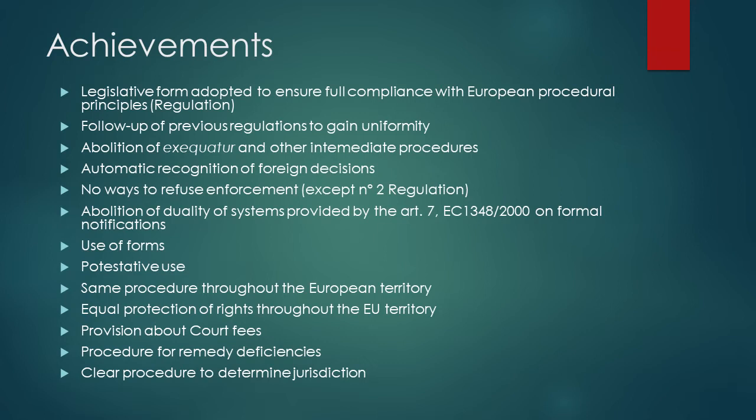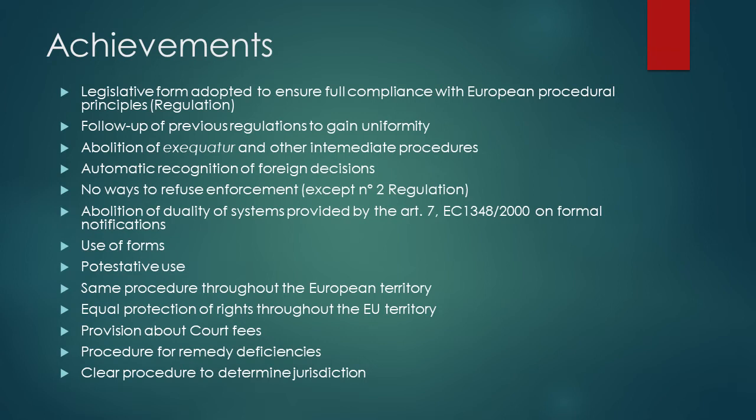But you can optionally use this kind of procedure prior to deciding whether you go into an ordinary procedure, with the help in the average cases of a lawyer, or whether you just present this type of claim to see how it goes.